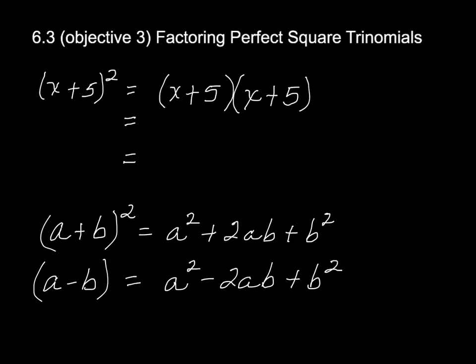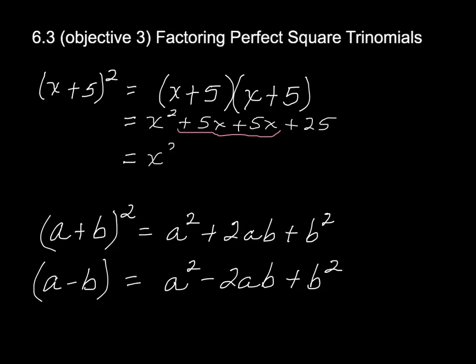And remember, when you do that multiplication, if you FOIL it, you get x squared plus 5x plus 5x plus 25. And remember, whenever you square a binomial, you get two of the exact same thing in the middle.